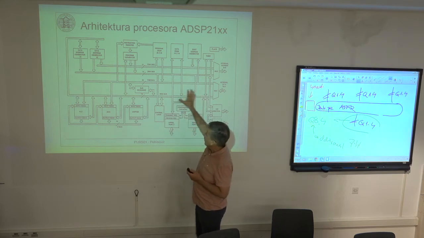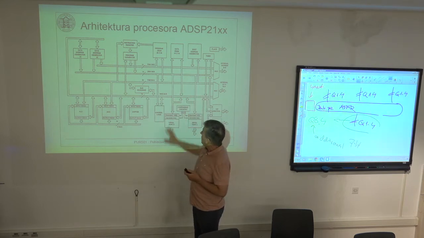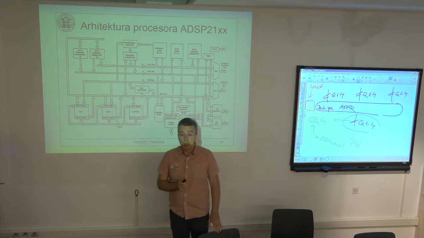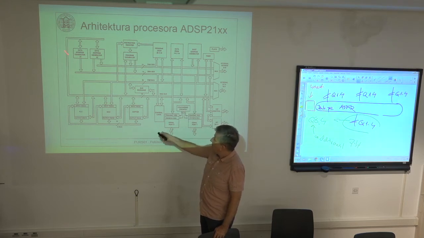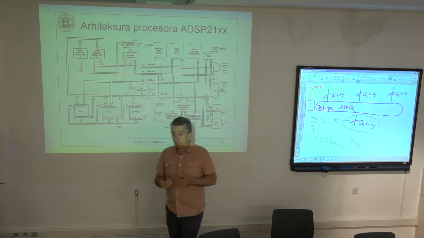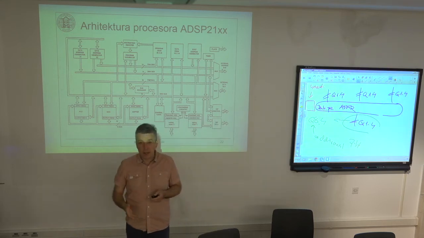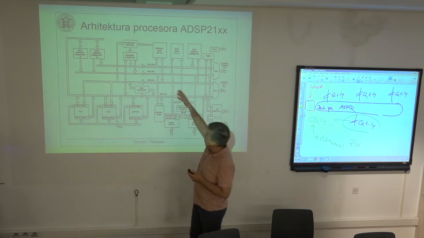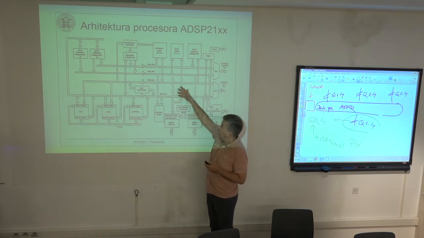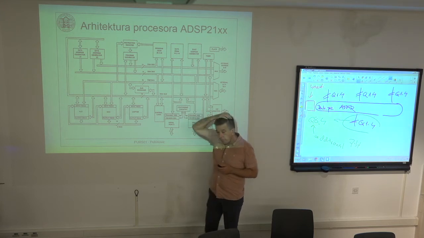If I can implement the algorithm using only the on-chip resources, so the on-chip program memory, the on-chip data memory, execution units, and other generators, I don't have to access some external memory. Everything is on-chip. I have these double data buses, double address buses.